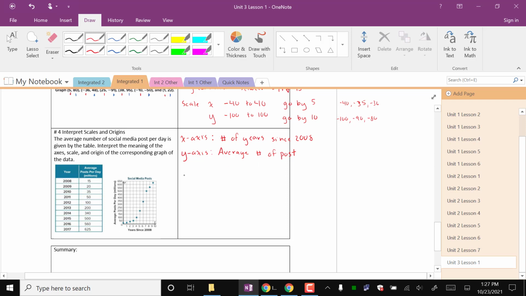Let's take a look at our scale. So that's what basically we had here. This was our scale, how much we were going by. So our x scale, if we look at our graph, our x, we're going 0, 1, 2, by 1.